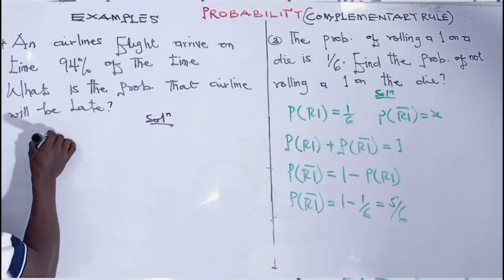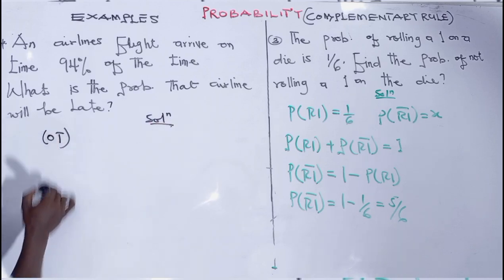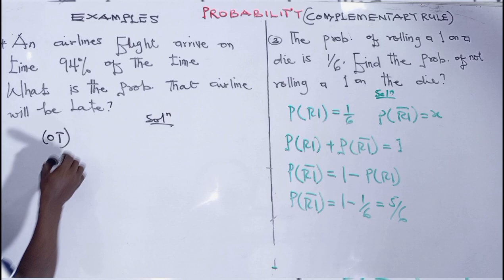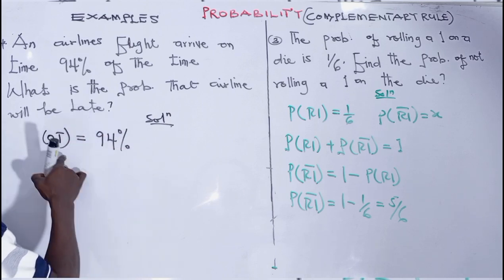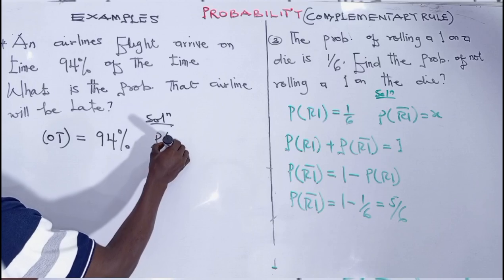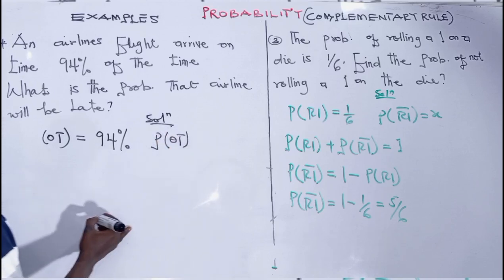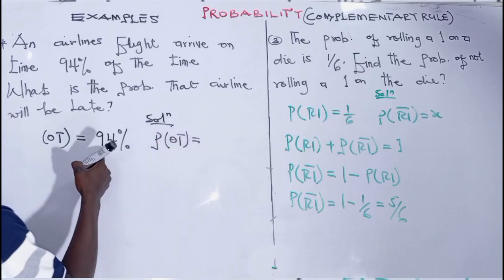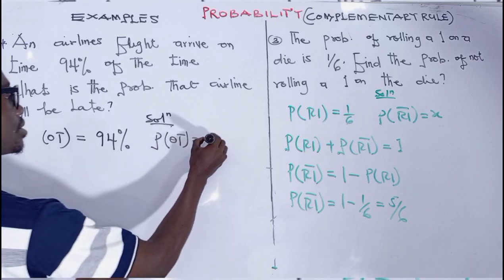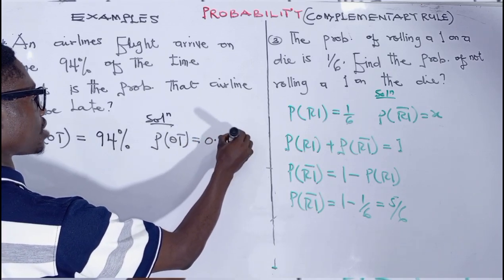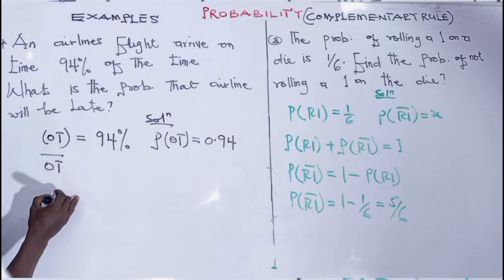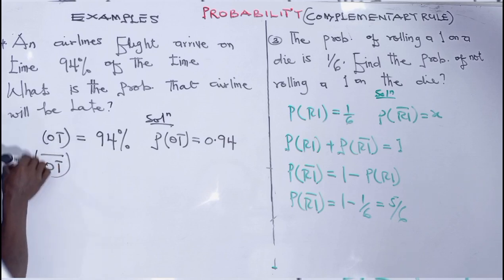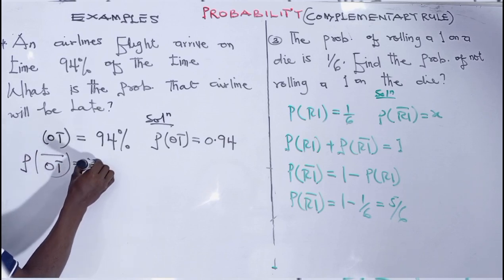So let's use OT for the airline arriving on time, and that is 94%. So if you want to find the probability that the airline will arrive on time, it's going to be 94 over 100, and that is going to give us 0.94. Then we are going to use OT with the bar to denote the probability that the airline will be late.